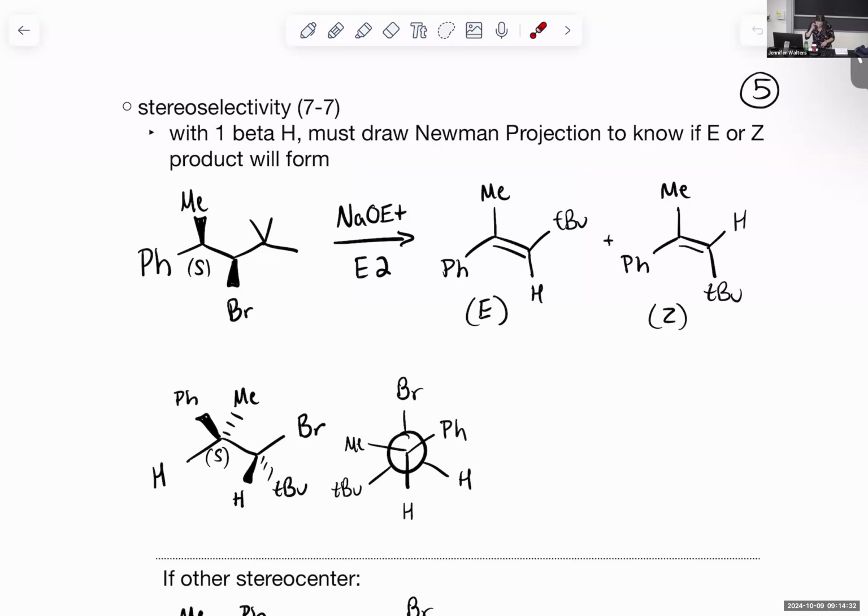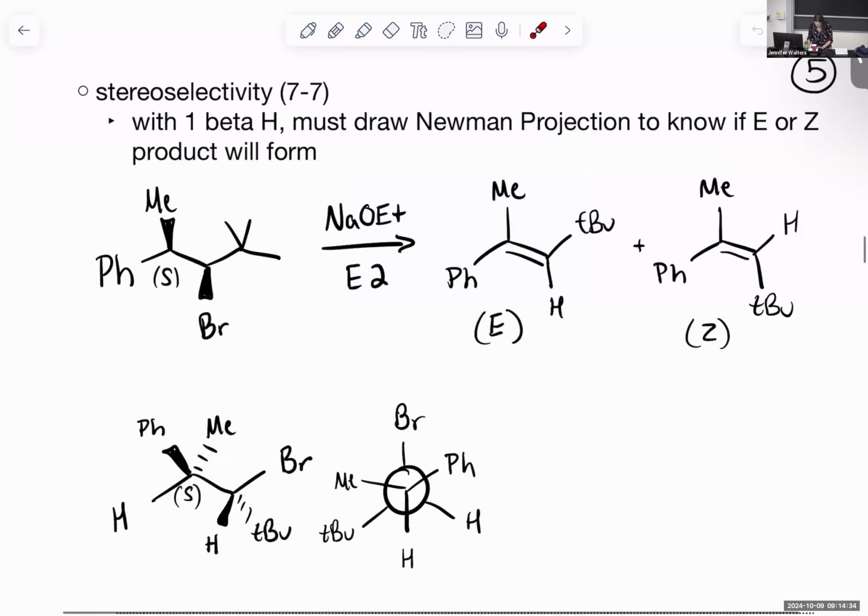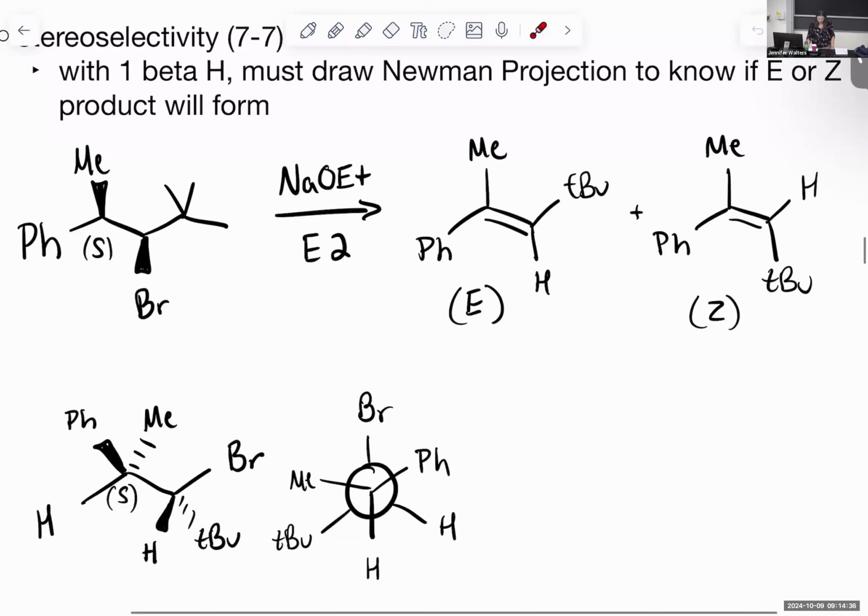So when I look at this starting material, here's my leaving group. I only have one hydrogen there. So I need to have the hydrogen 180 degrees from the leaving group.